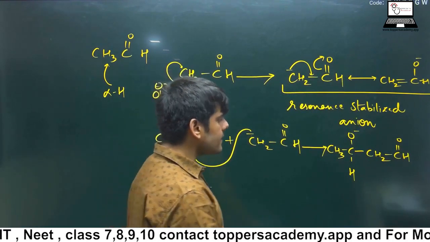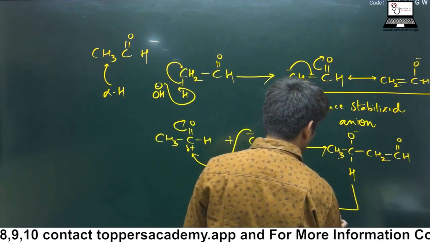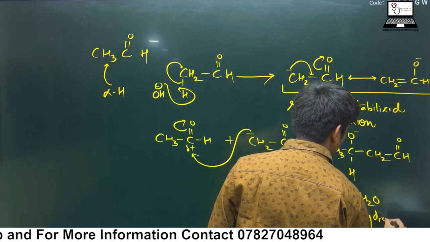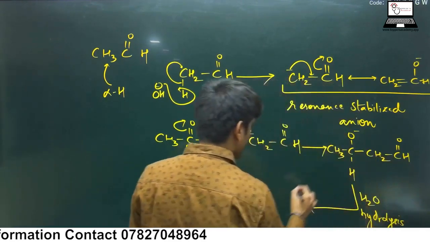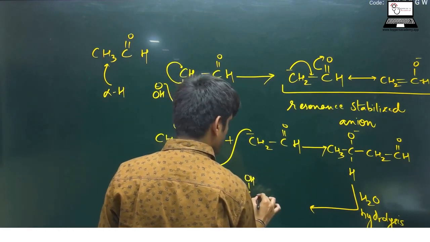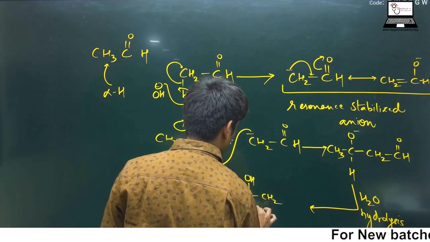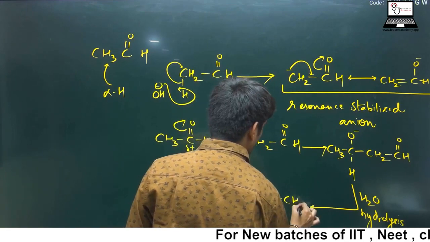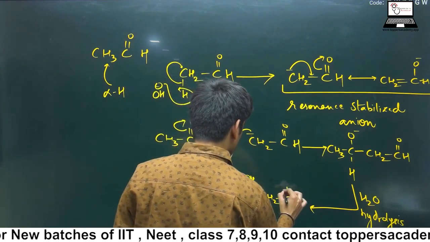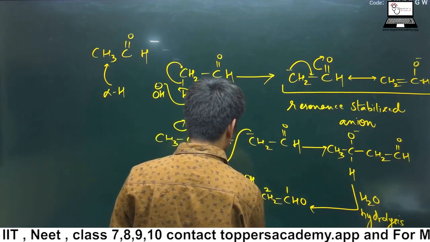Right? In the next step, I perform the hydrolysis. What do I have? I have CH3, COH, CH2, CHO. If you see carefully, this is your 1, 2, 3, 4.